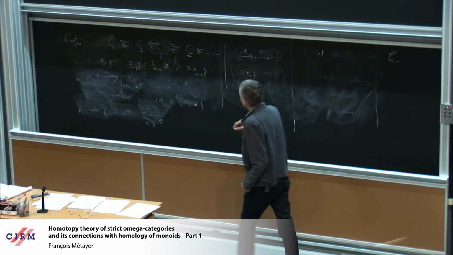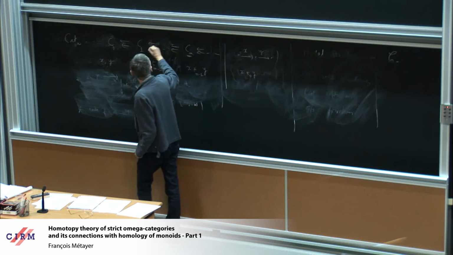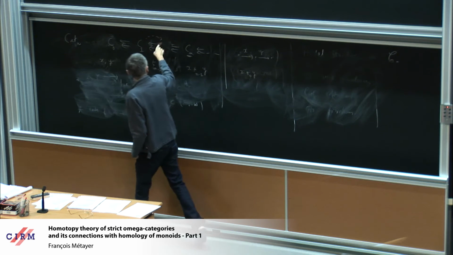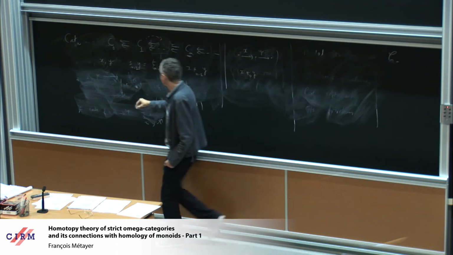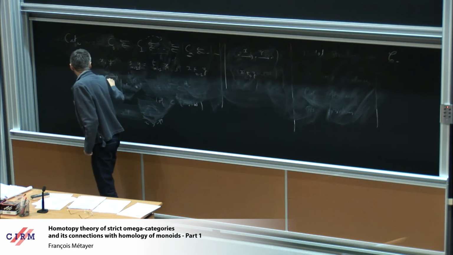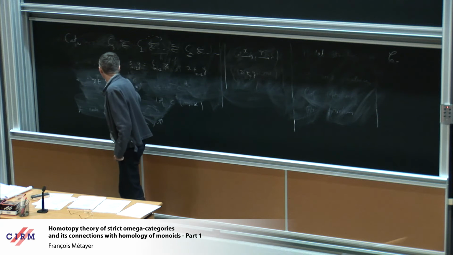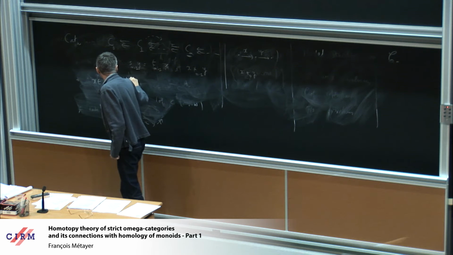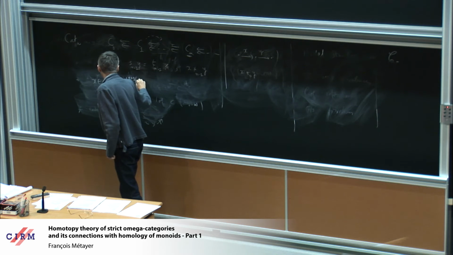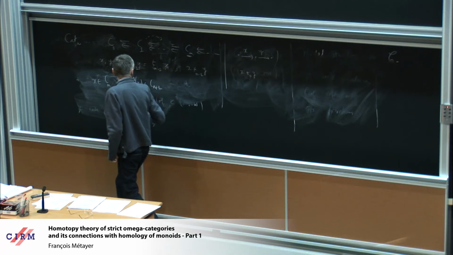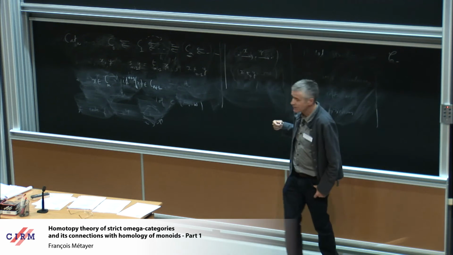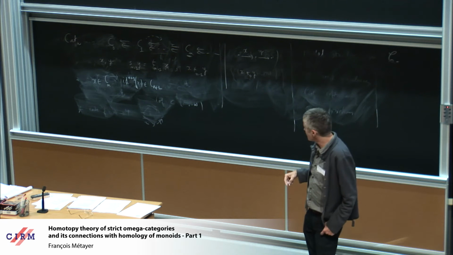And also each cell has an identity cell of higher dimension. So if x is in Cn, then there's a cell identity n plus 1 of x in Cn plus 1, acting as an identity for the composition operations.